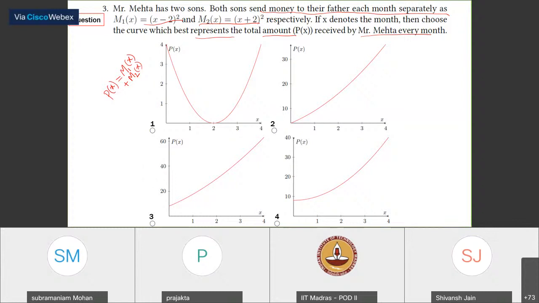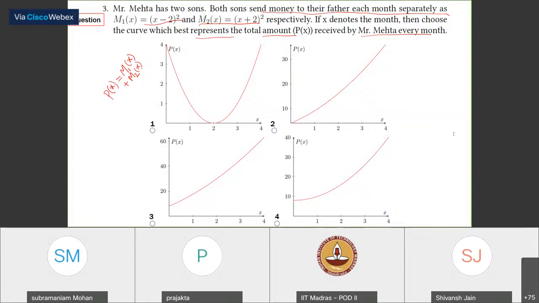What's your name, sir? Subramaniam Mohan. Oh, Subramaniam, sir. Sir, you had some issue, right? I answered the question, but I'm not able to put it for everyone. I put it for IIT Madras Part 2.